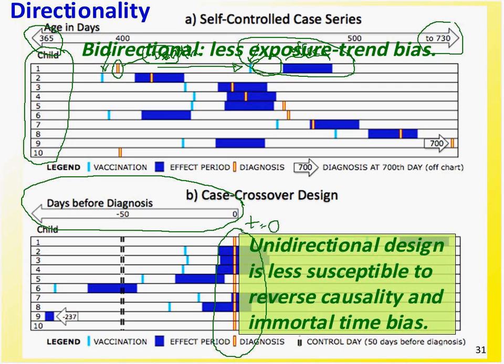Farrington and others have come up with unidirectional self-controlled case series that are a little bit hard to understand, only because they're striving a great deal to preserve their Poisson modeling. One case to look at here is the last subject who had exposure.